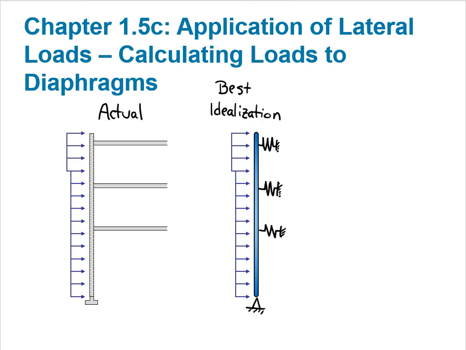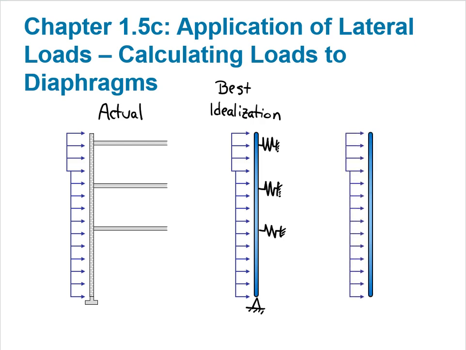If we look at how much the floor diaphragms deflect horizontally, it is typically much less than the wall moves horizontally between those diaphragms. So we can make a reasonable idealization that is more simple, but reasonably accurate. We idealize the foundation as a pin support and roller supports at each diaphragm level.